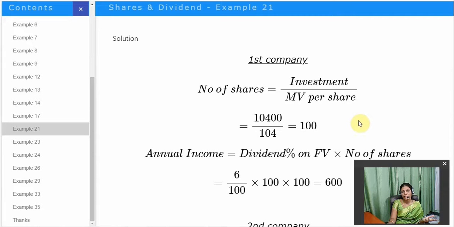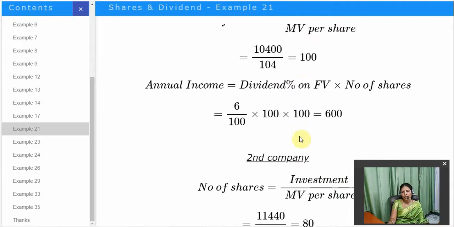So first thing you need to find the number of shares. Number of shares is equal to investment by market value per share. How much is he investing in the first company? This much, 10,400. What is the market value per share? It is 104 rupees. So when you divide this, you get 100. So number of shares is 100. Now substitute.